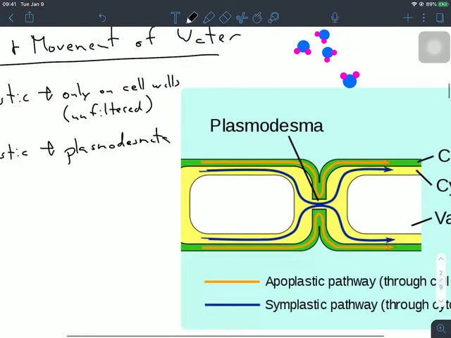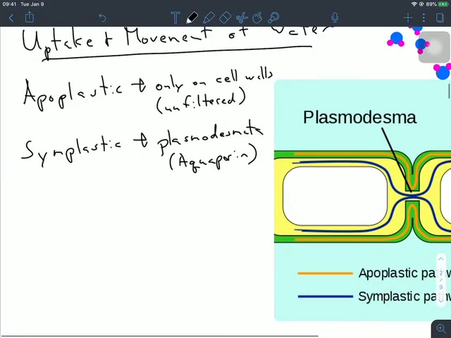By moving through plasmodesmata, it at some point had to go through an aquaporin. And by going through an aquaporin, you ensure that it's just the water molecule and not anything else that's inside of the cell. So moving through our plasma membranes means that you get filtered.